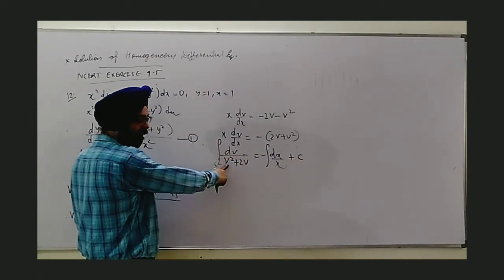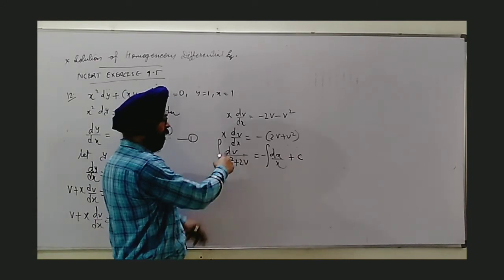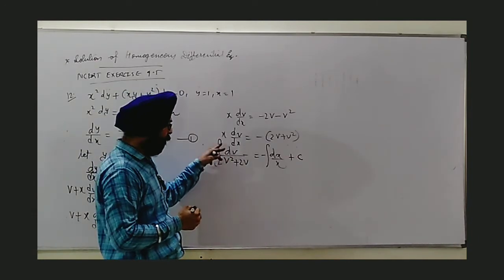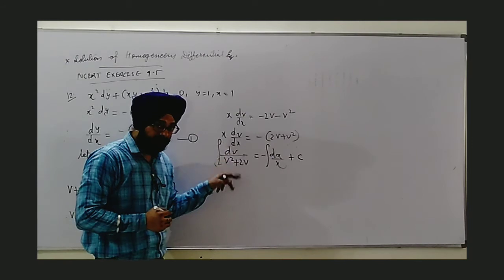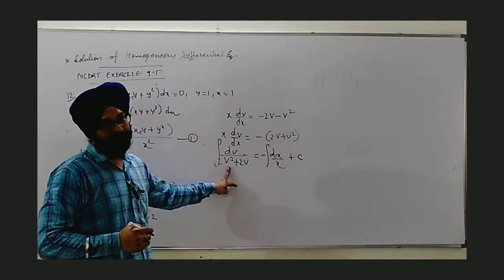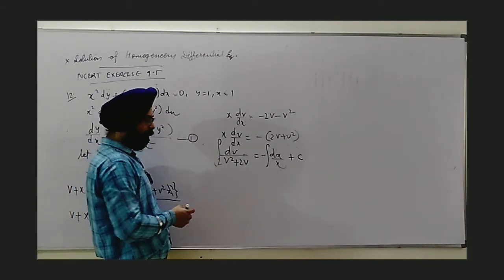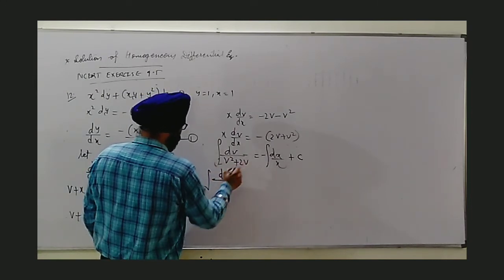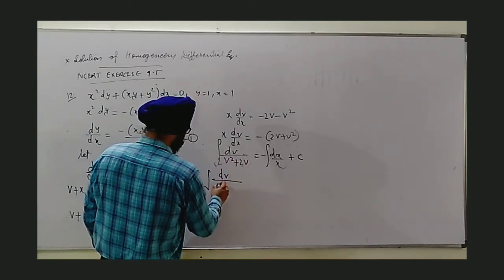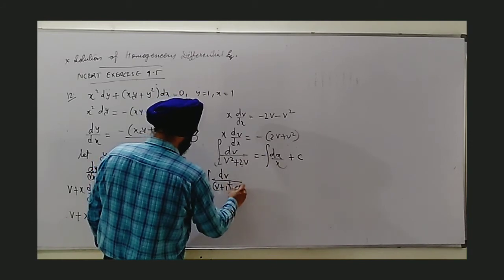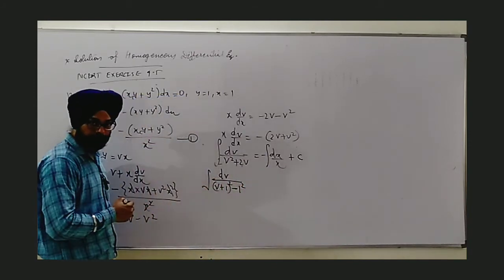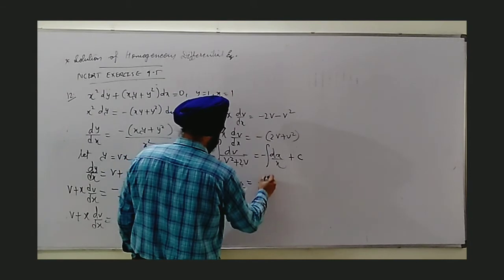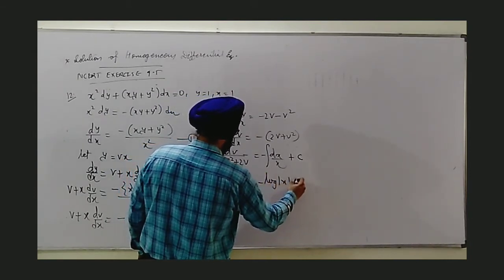Now this is a quadratic polynomial in the denominator, numerator is 1. Either you apply partial fraction or you can complete the square, whichever method looks convenient. So by completing the square method, I find this will be v plus 1 whole square minus 1 square. Okay, here I see it is minus log mod x plus c.